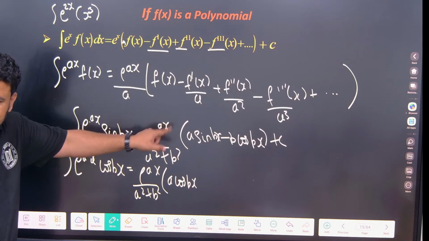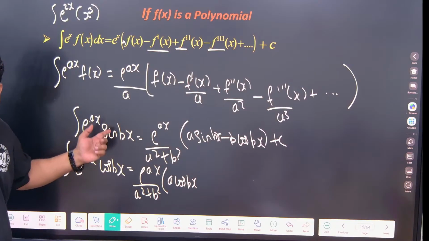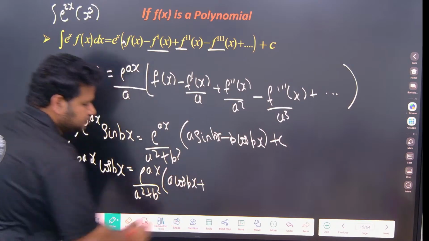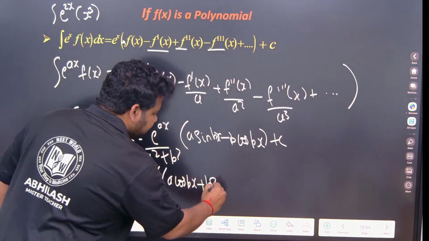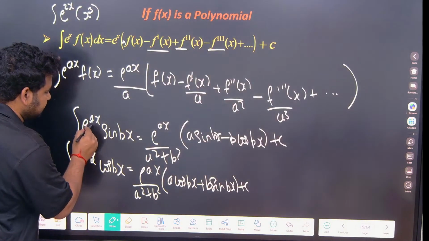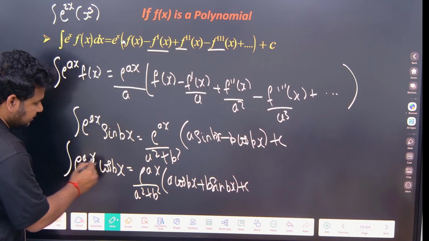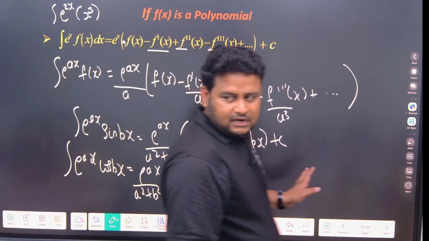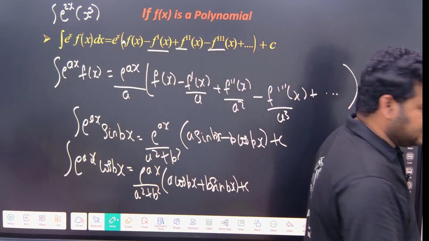There it was minus, but here it is plus. Next, what is left out: b sin bx plus c. What is in front, write that first: e power ax by a square plus b square. Here it is a sin bx, here it is a cos bx. That's all is the formula. Understanding? Got it? That's all you have to remember.